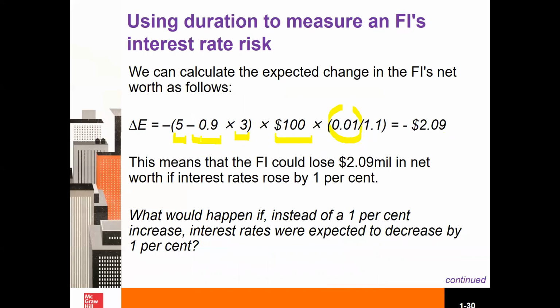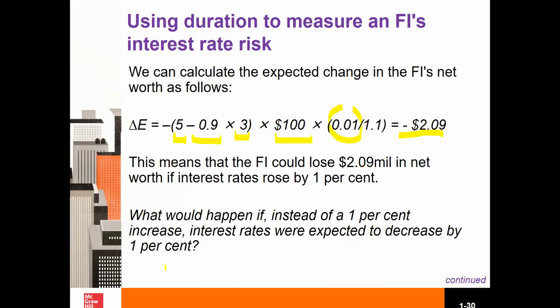If we solve this equation, we get minus 2.09. It means that for a 1% rise in interest rate, this financial institution's equity will decline by $2.09 million. I mean, net worth will decline by $2.09 million.